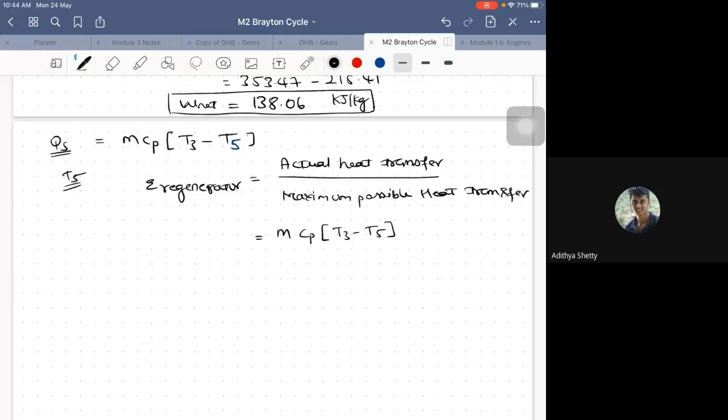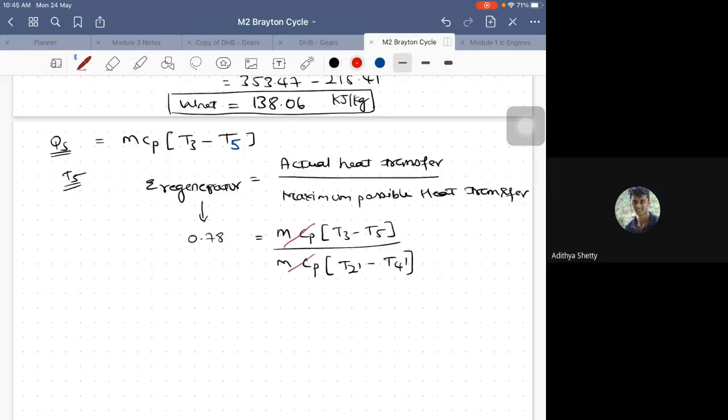The maximum possible heat transfer is mCp into T2 dash minus T4 dash. So effectiveness of a regenerator is specified as 0.78.